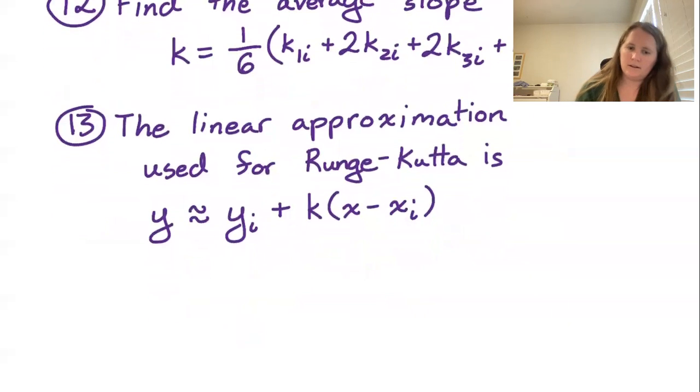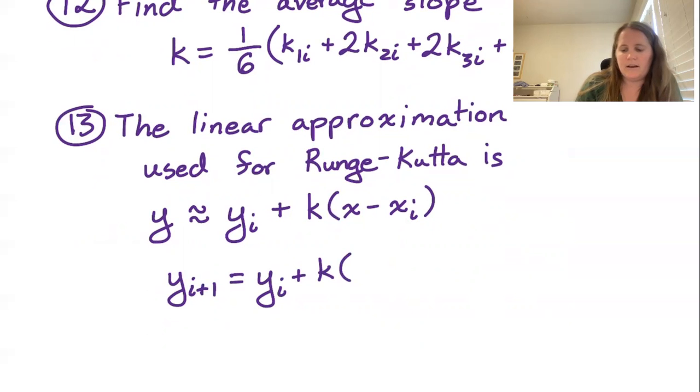And again, we get yi plus 1 is therefore set to be equal to yi plus this k times h, since we're plugging in xi plus 1, and that is precisely h away from xi.